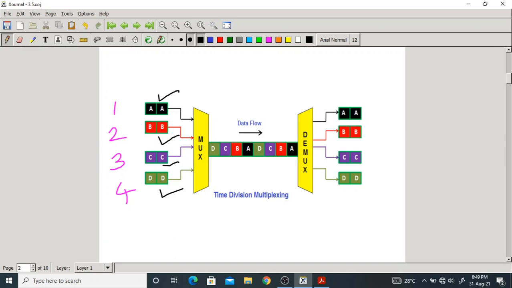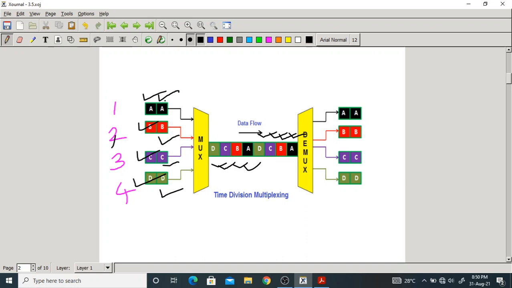So what happened here? First we transmitted A, next B, next C, next D. So we completed one alphabet from each user. Next, again we go for the second alphabet of user 1, user 2, user 3, user 4. So we are transmitting one after another along the same channel at the same frequency but at different times.